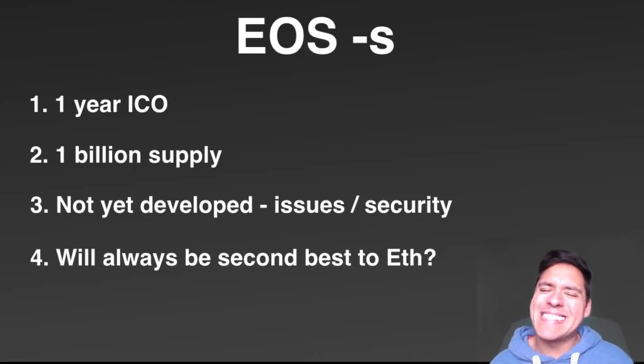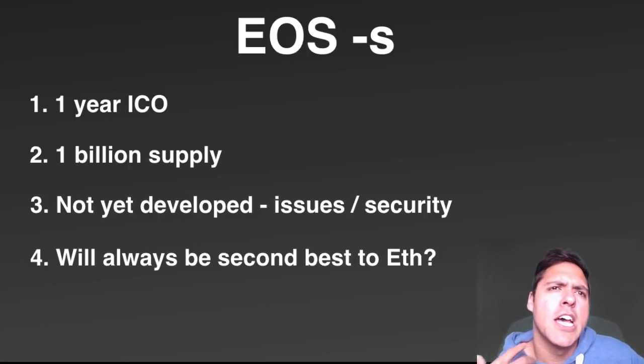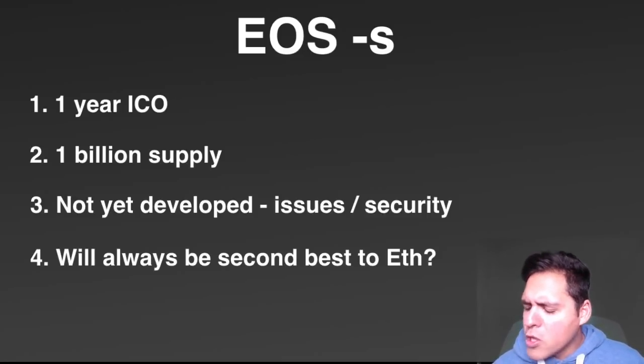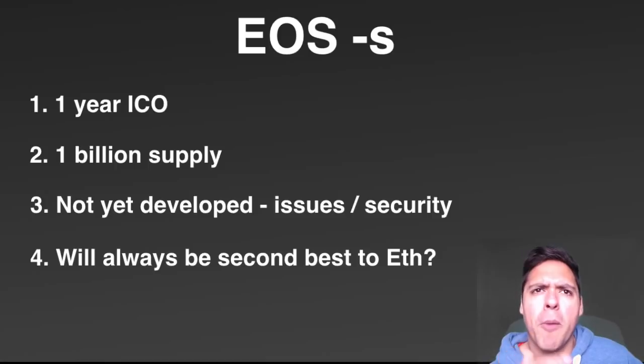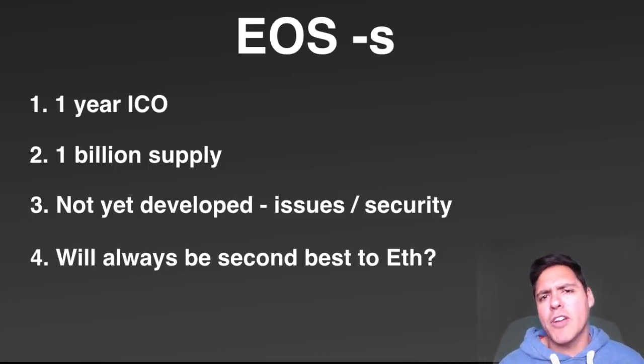Lastly, will it always be second best to Ethereum? All right, so if you were to ask 100% of people involved in cryptocurrency right now, what do you think are the two most popular cryptocurrencies right now, most people would say Bitcoin and Ethereum.